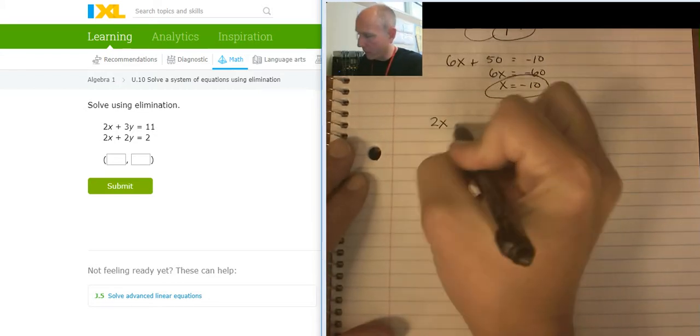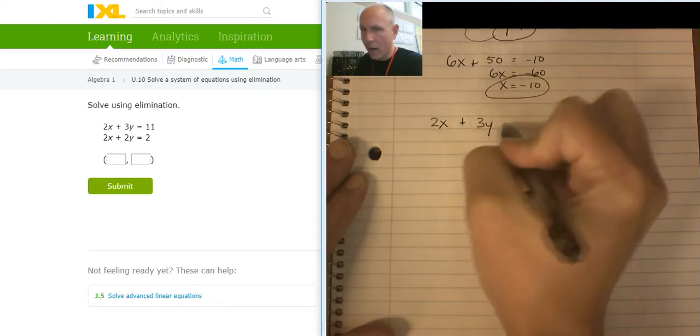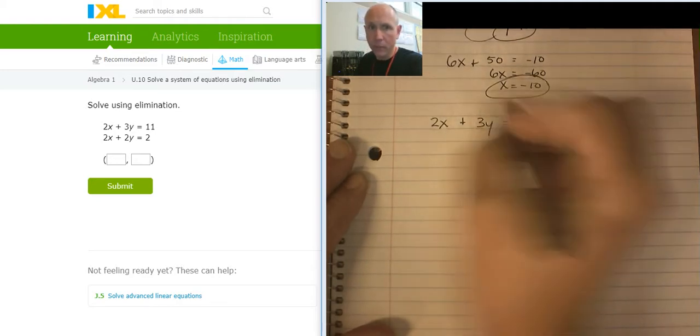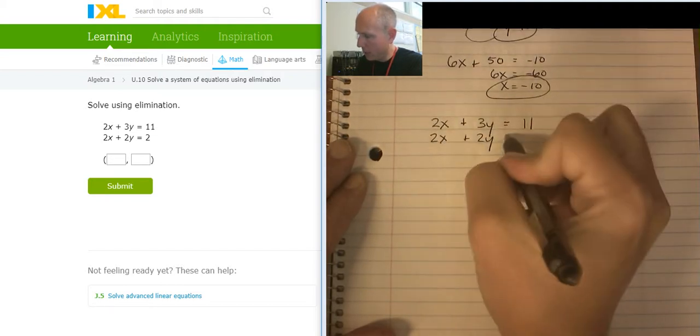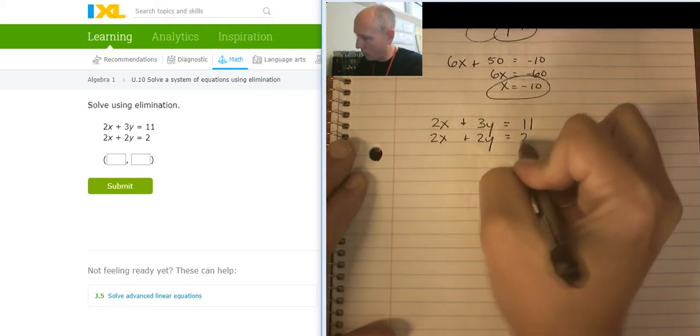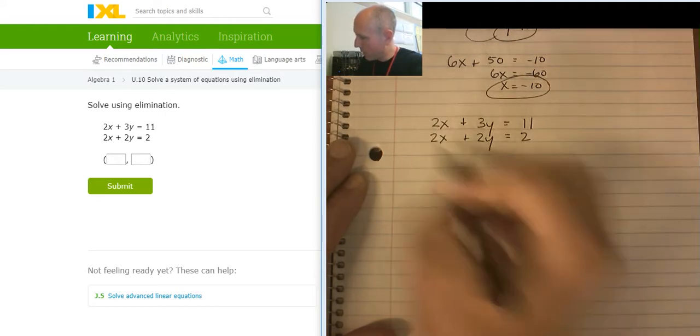2x plus 3y equals 11. 2x plus 2y equals 2. Let's hit the bottom with a negative.